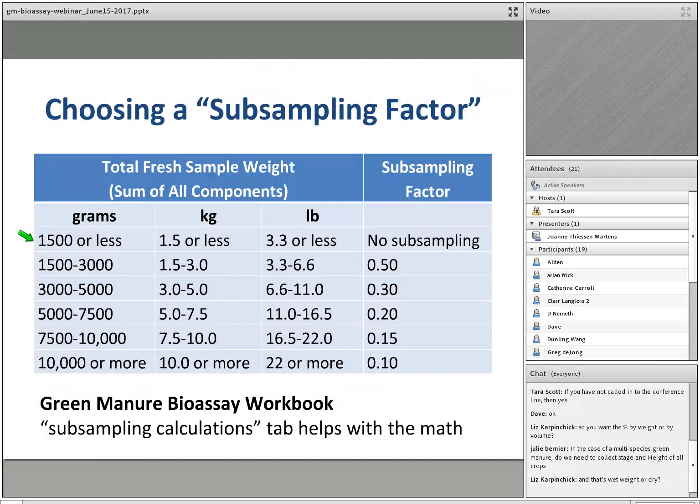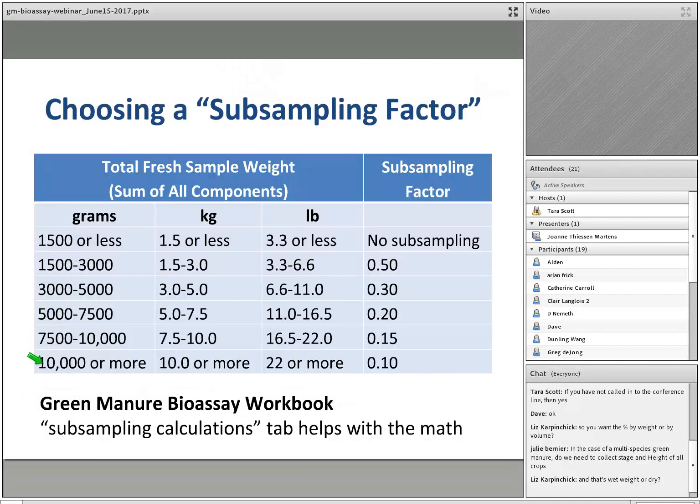So, for example, if you end up with 1,500 grams of material or less, you would just take the whole sample. You wouldn't do any subsampling for it because that whole thing will be probably less than a pound when you're done. Whereas if you've got say 1,700 grams of material or 2,500 grams, we would recommend you take half of it, 0.5 of your sample.